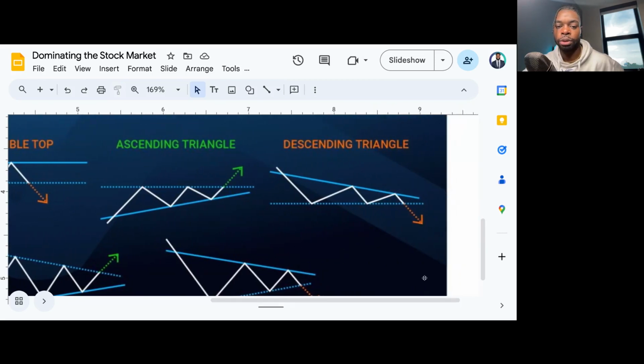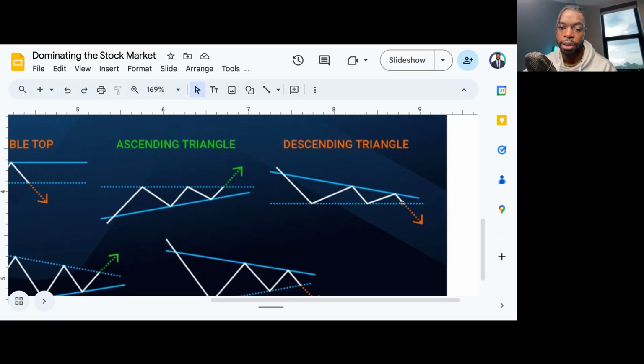And then two other ones that I really like are ascending triangles and descending triangles. In an ascending triangle, you get a flat top but increasing price. So you get an uptrend, but then you have a flat top. You're not getting higher highs, you're getting the same highs, and you're getting higher lows.